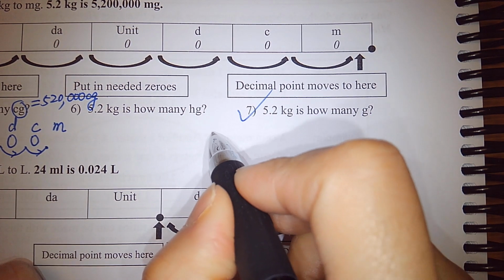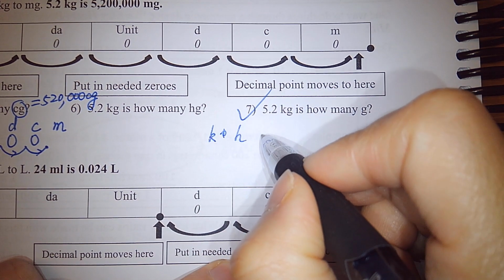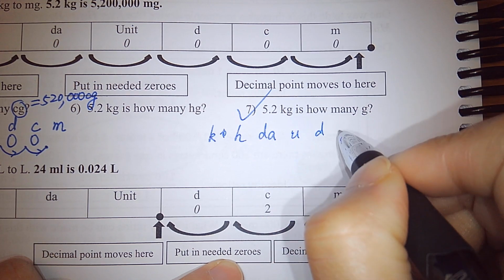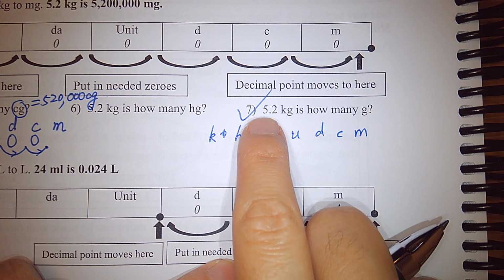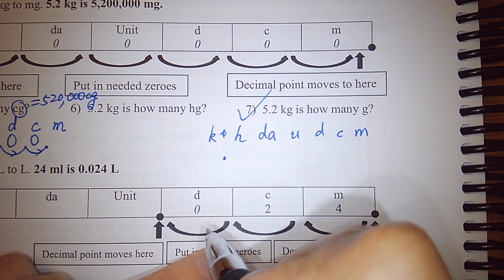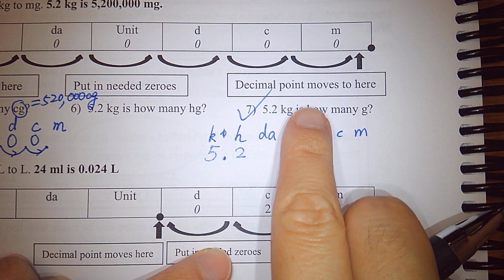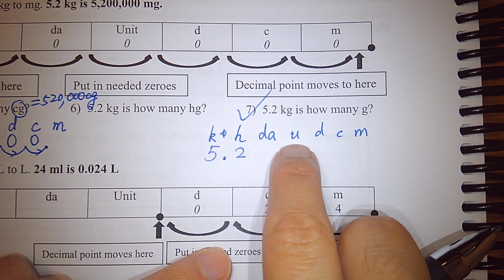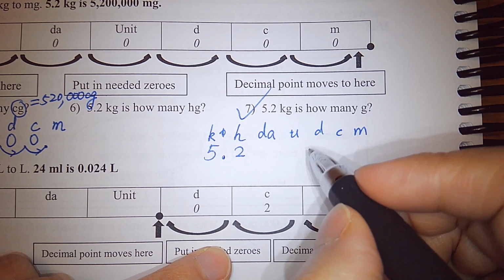What do you get, guys? K, H, D, A, U, D, C, M. So the unit we convert from is K, with the decimal point to the right of K, 5.2, like this. What is the unit we're converting to? G. There's no G, but that's the base unit, so we stop to the right of U, which is here.